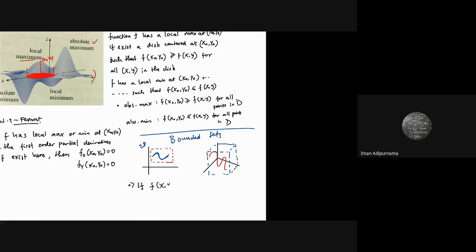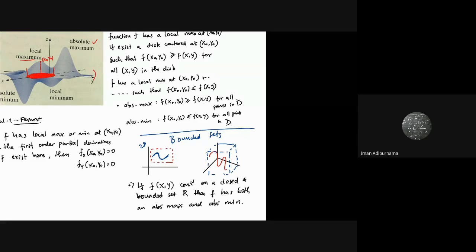If our function of 2 variables x, y is continuous on a closed and bounded set of real numbers, then the function has both an absolute max and an absolute min.